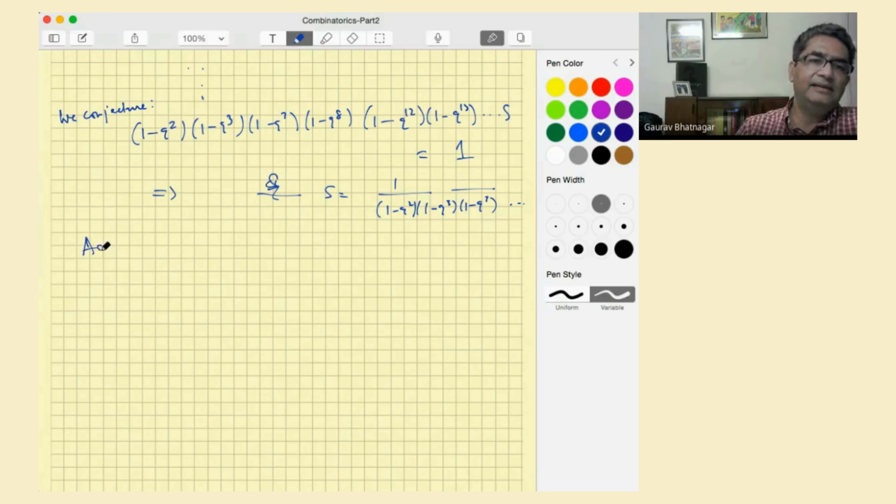So as an aside, let S be... why am I calling it Euler's method? Do you know what this function is called?